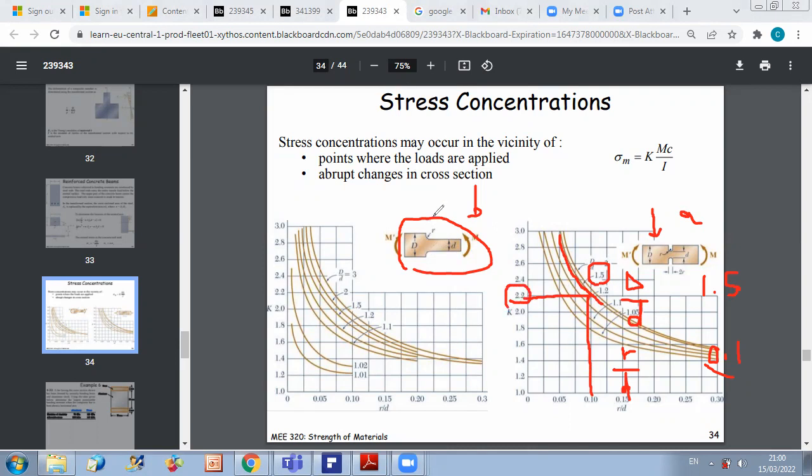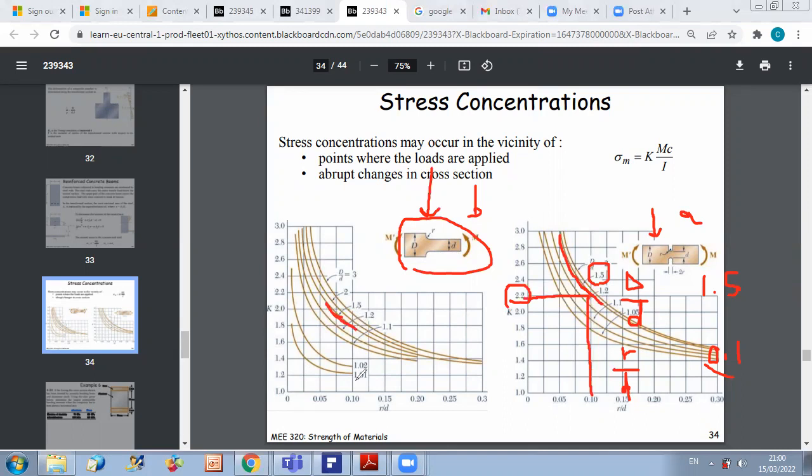While for geometry B, I have a different section geometry. So I will look at the corresponding value of K for big D over small d equal 1.5. This is the curve of 1.5.